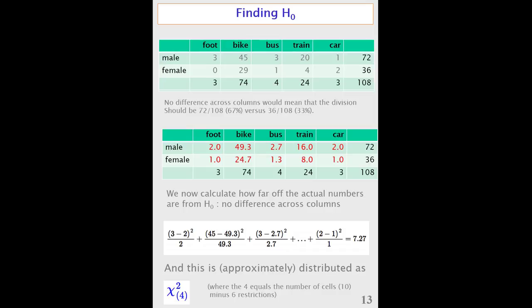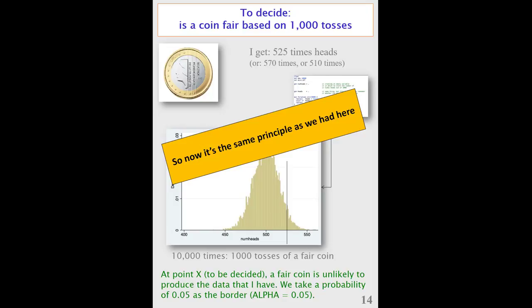So forget why exactly this is the case, but again, this is a known distribution, and the only thing that is not helping us very much is that it is approximately distributed as something like this. So we have something to go on, but it need not be good enough. Okay, and just to remind you of that coin flip example, this is exactly the same thing. Coin flips, we have a distribution that we know, and we're trying to find the edge. Where does it start to be weird? Same thing here for the crosstabs.